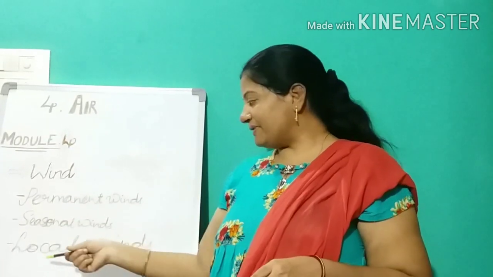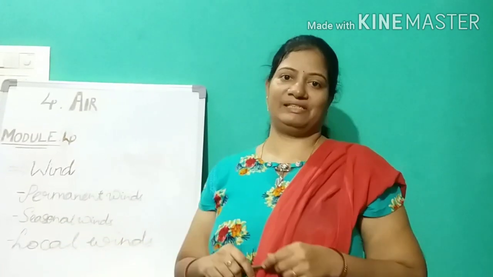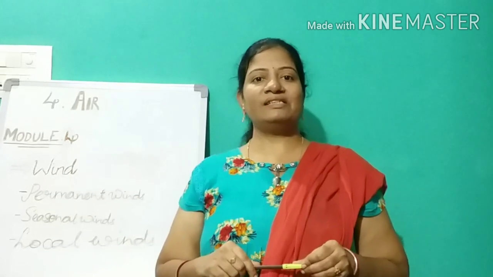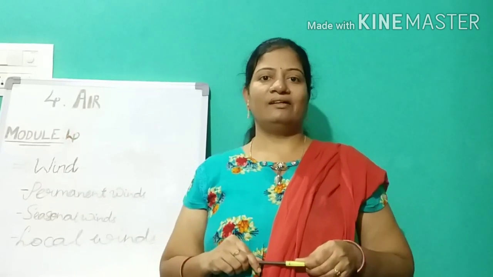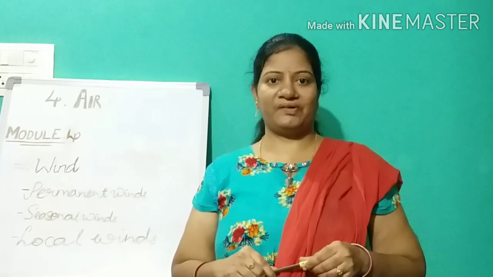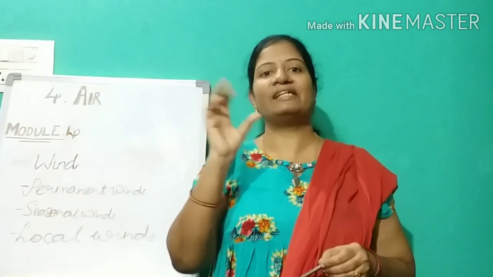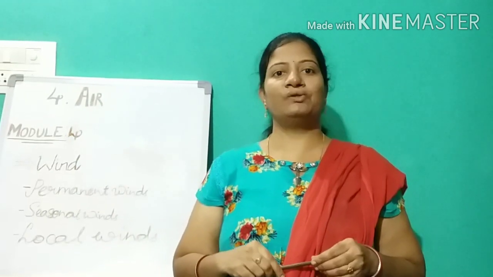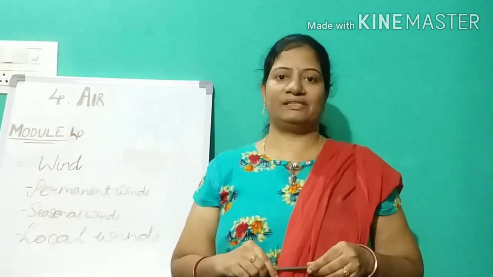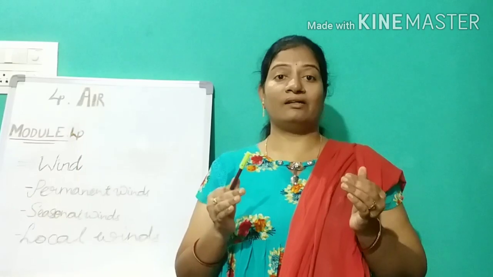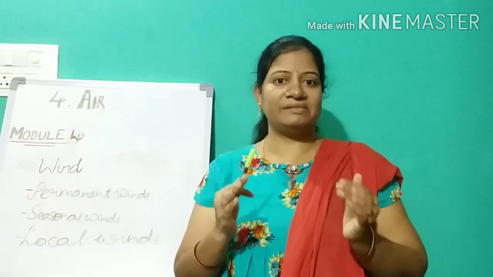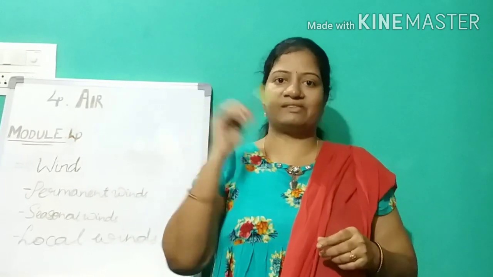Children, coming to the third one, local winds. These local winds are unique to a certain well-defined area, and they affect only that particular area's weather conditions. These local winds have different names in different parts of the world.